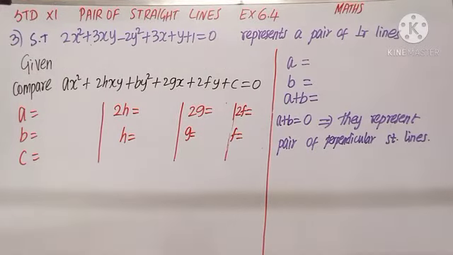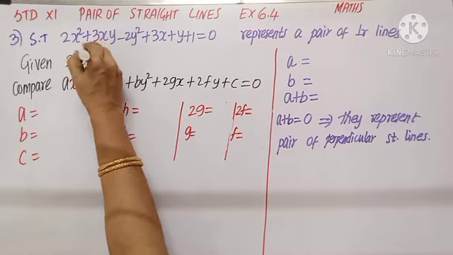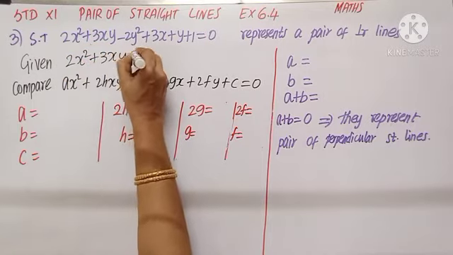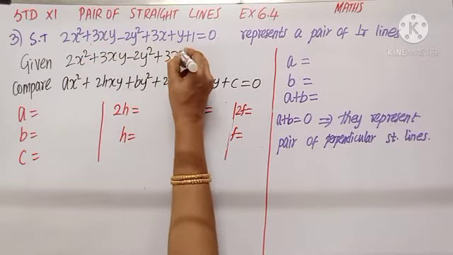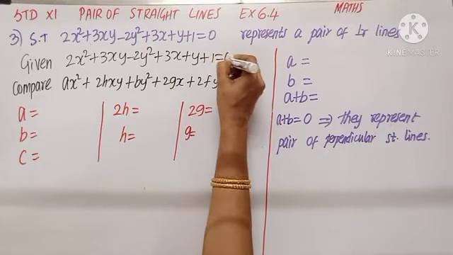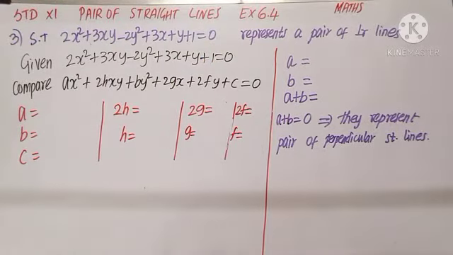Question number 3. Show that 2x square plus 3xy minus 2y square plus 3x plus y plus 1 equal to 0 represents a pair of perpendicular lines.